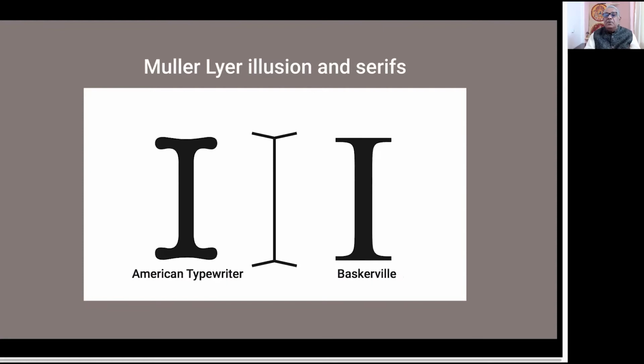American Typewriter is a very good example of how these diverging lines and the triangular negative space created by them help a designer to create an illusion of more height, which in turn increases the legibility of a character.